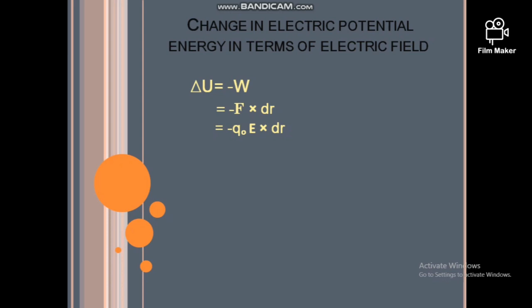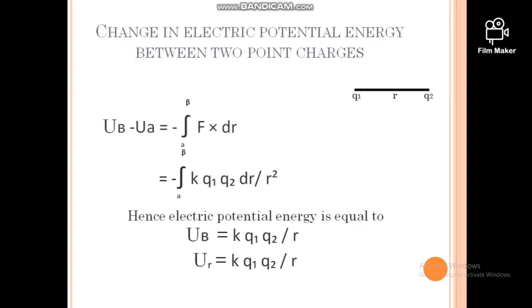Now we consider two point charges Q1 and Q2 separated by the distance r, and as we already know, the electrostatic force between these two point charges is F equal to K Q1 Q2 over r square.